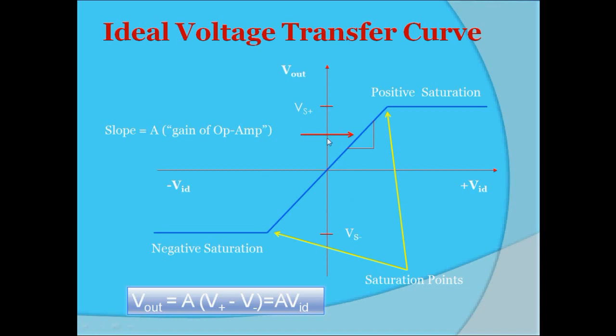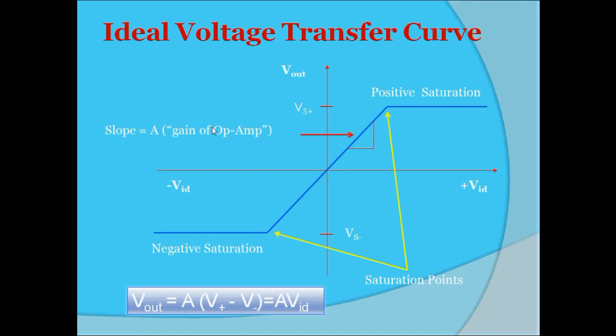This is the graphical representation, and from this we can say that the output voltage V0 is plotted against the input difference voltage VID with gain A constant. The output voltage cannot exceed the positive and negative saturation voltages that we can see here.